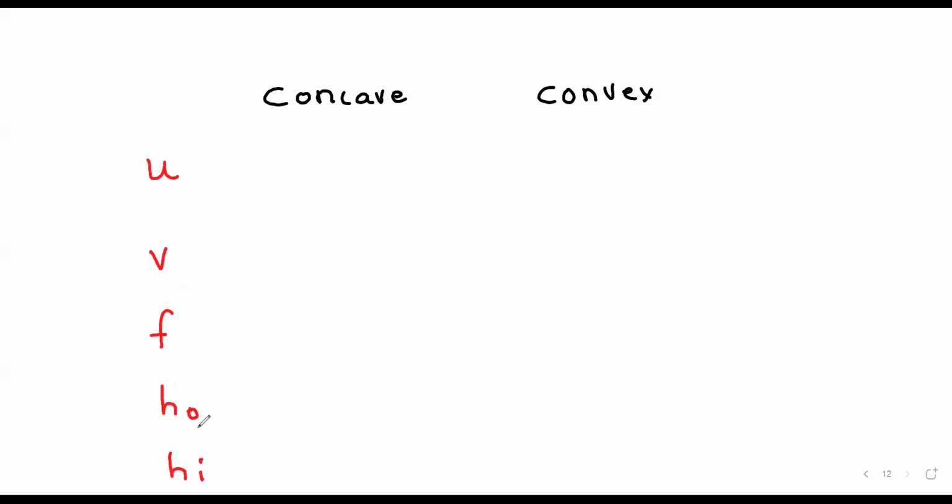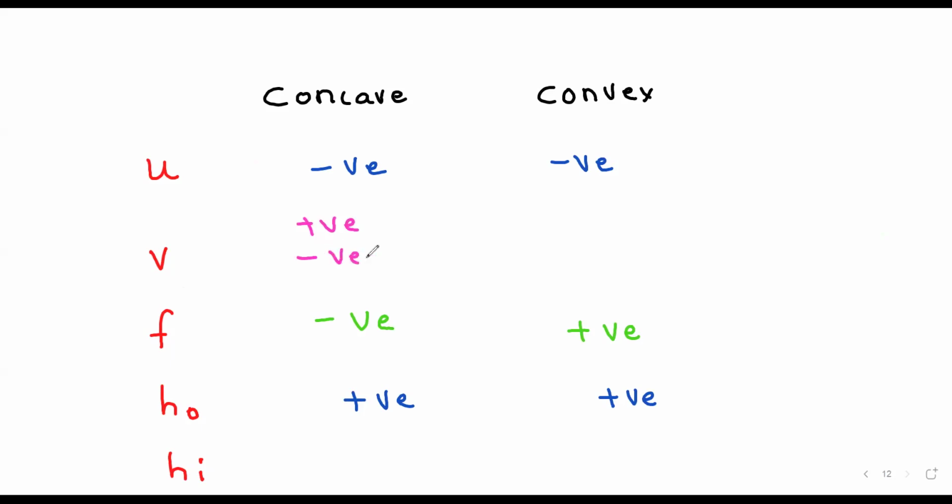First, what is always negative is U, irrespective of the mirror, and what is always positive is HO. Now, regarding the focal length, if it is concave, it is negative, and if convex, it is positive. Now, your V value can be positive and can be negative.